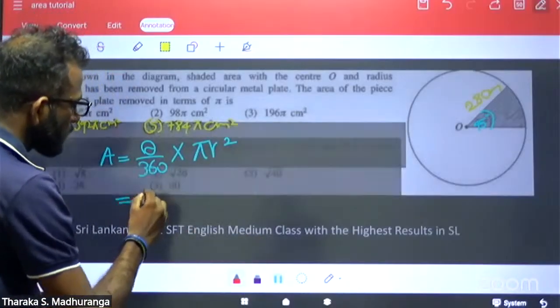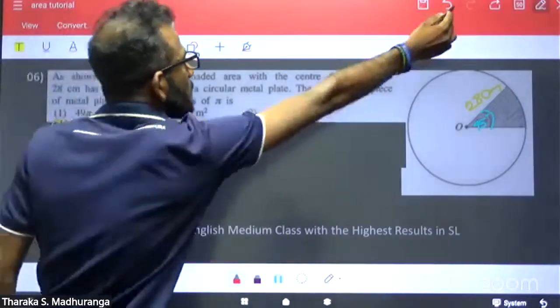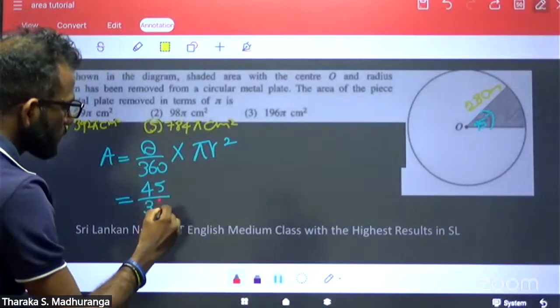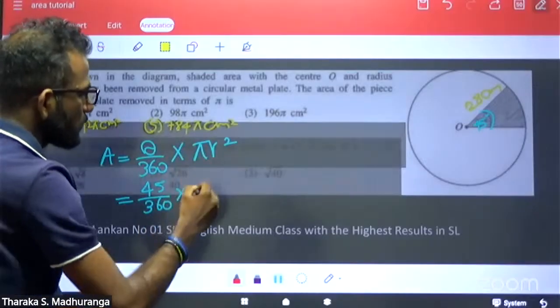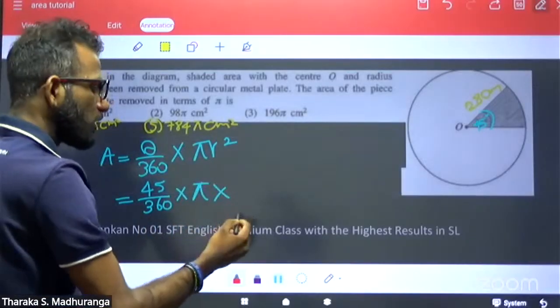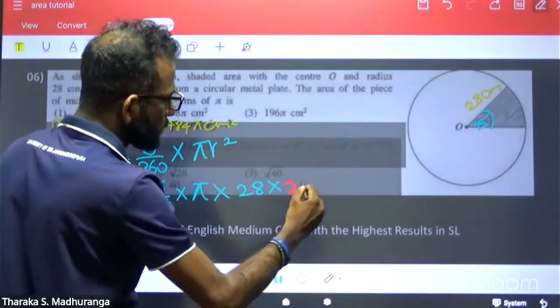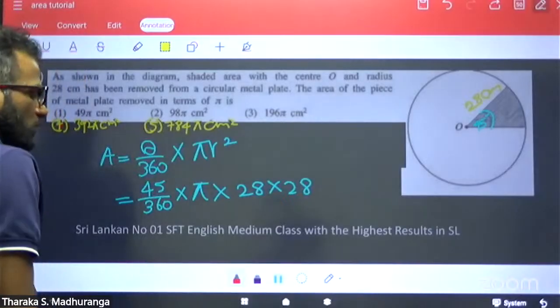Now, theta 45 over 360 into 5, in terms of 5 asking, then r squared 28 into 28. 28 is clear.